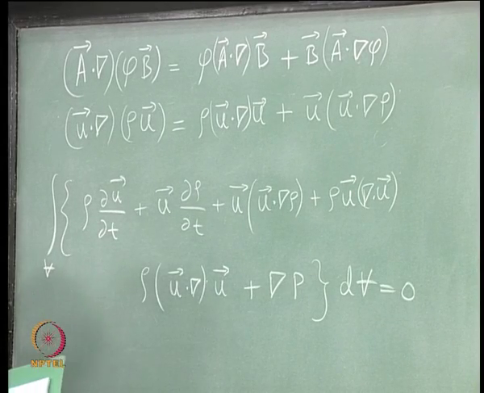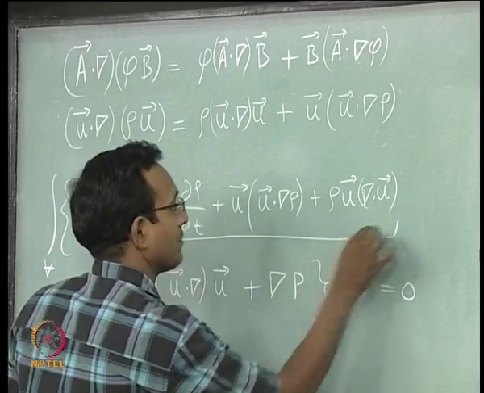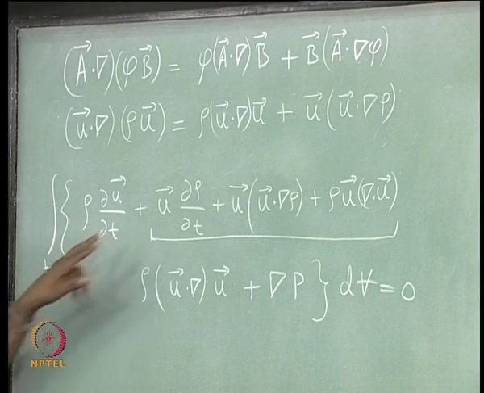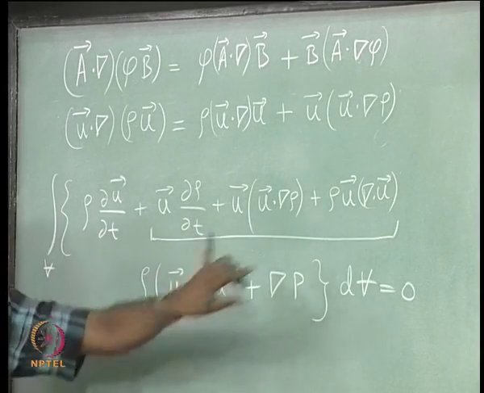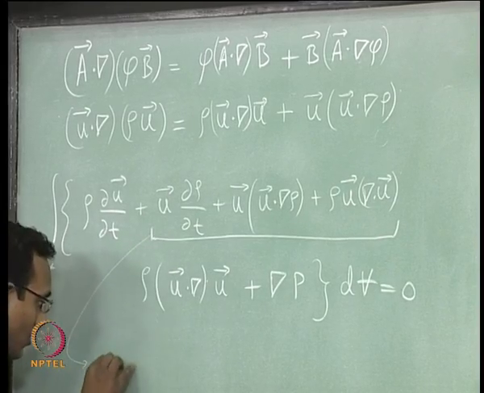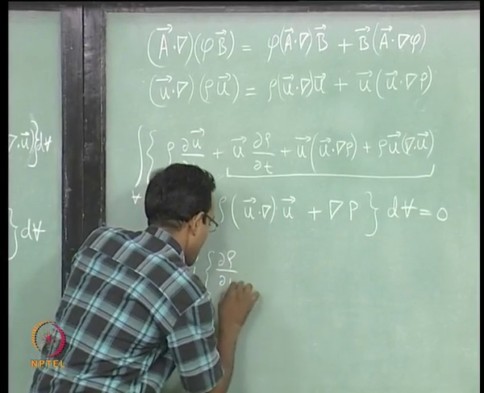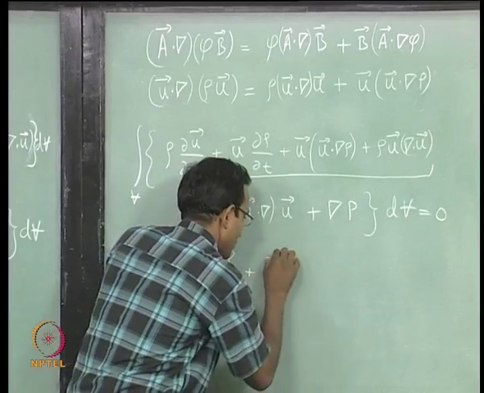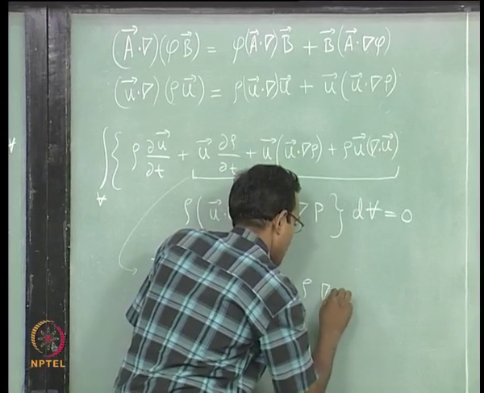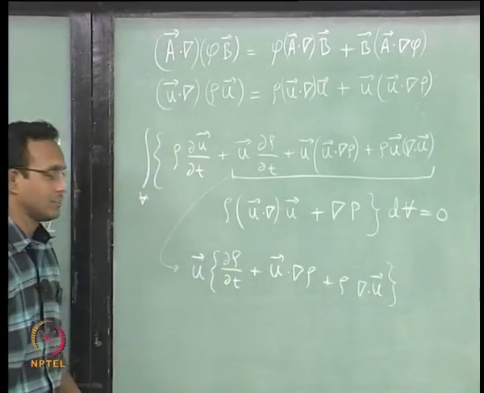I will group these 3 terms, that is why I wanted that gap here. All of them have a u vector multiplied by something. Now I will group them that way, just take that bracket alone, it will look like u vector multiplied by this.